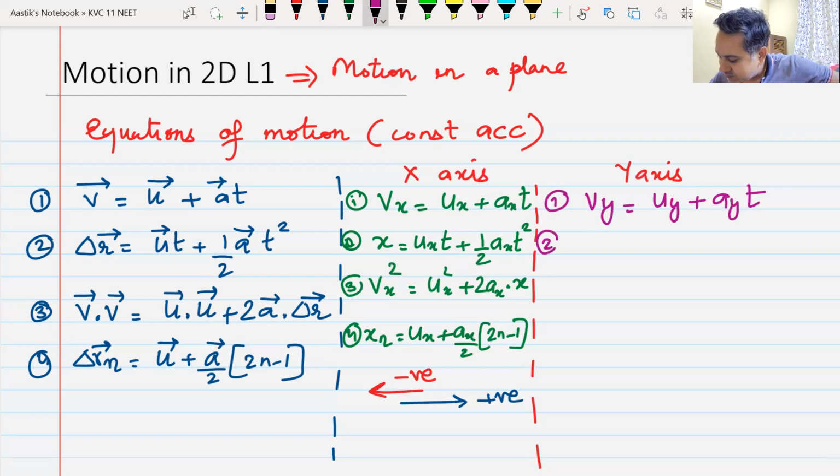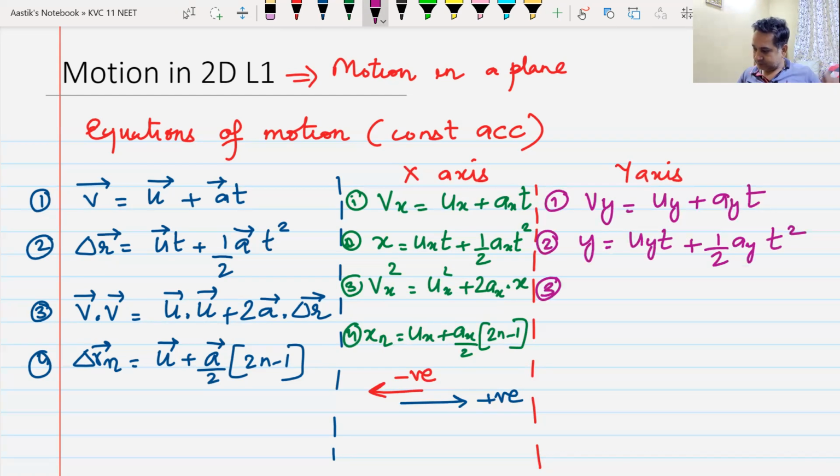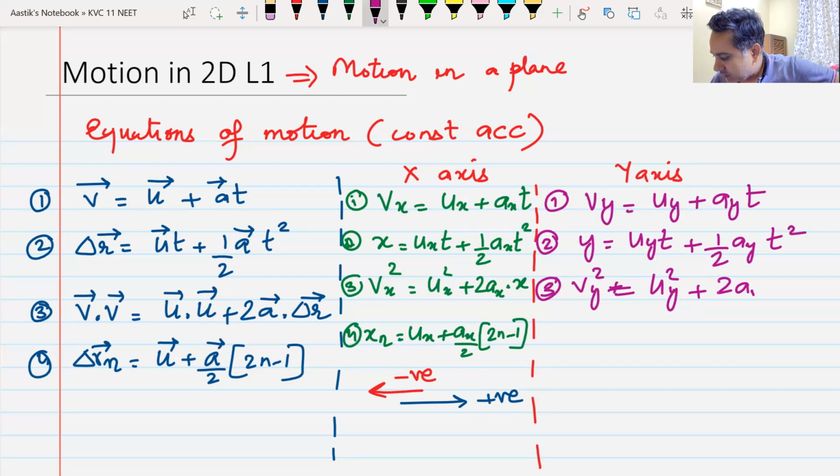What about the second equation? Y is equal to uy t plus half ay t square. Very good. What about the third equation? Vy square is equal to uy square plus 2 times ay multiplied by y.